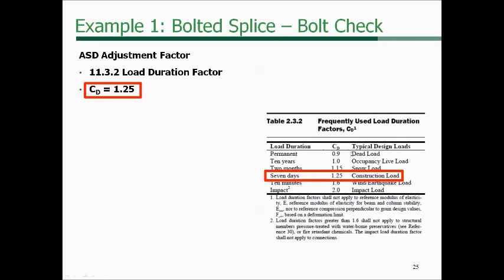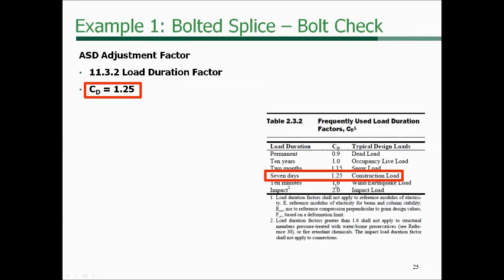You see the other load duration factors shown here for other types of load duration, and they do apply to connections as well as wood member design. The only caveat, in footnote 2, is that the impact load duration factor does not apply to connections. So you could not use a factor of 2 for connection design.